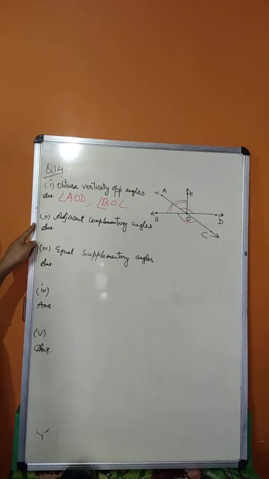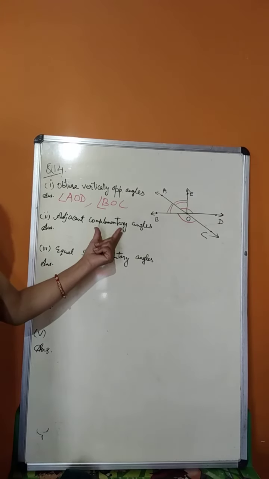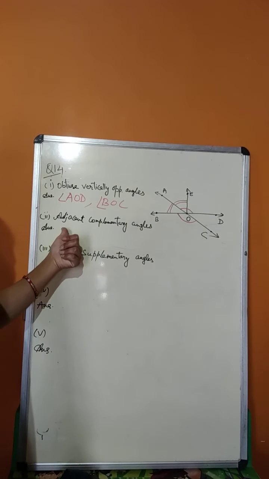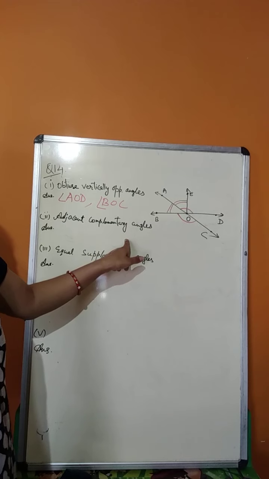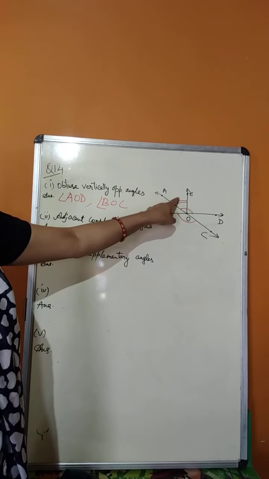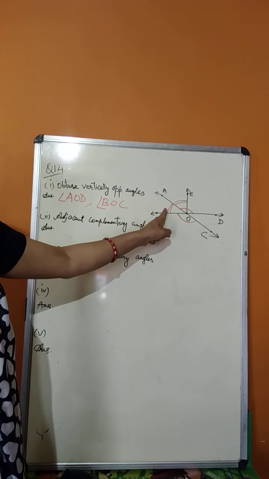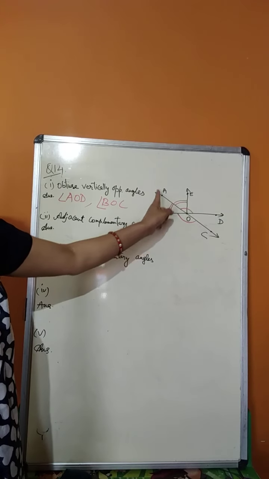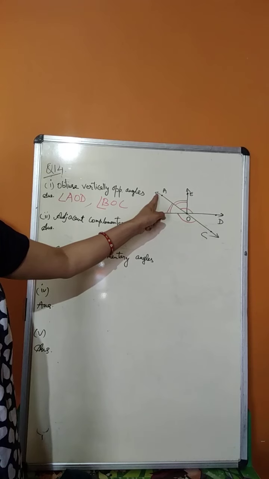Next, number 2, adjacent complementary angles. That is complementary angles which are adjacent. Adjacent means they have a common vertex and a common arm. Complementary angles means the angles whose sum is equal to 90 degrees. Here we can see this angle and this angle are complementary as well as adjacent to each other because they have a common vertex O and a common arm OA.